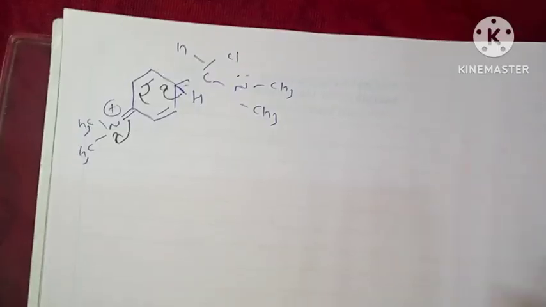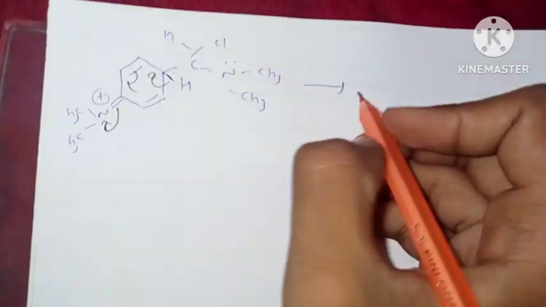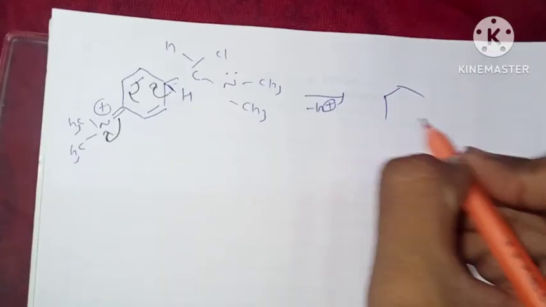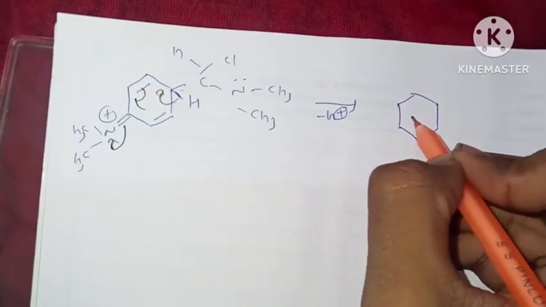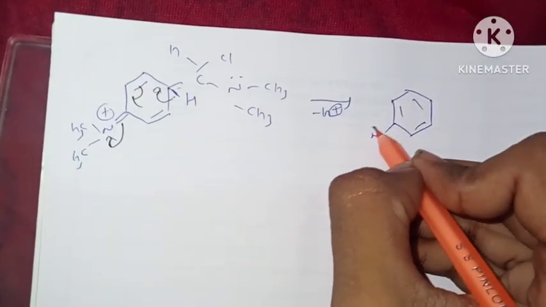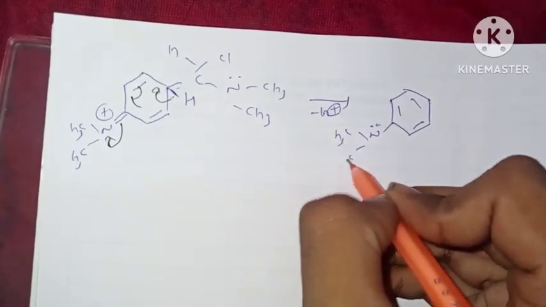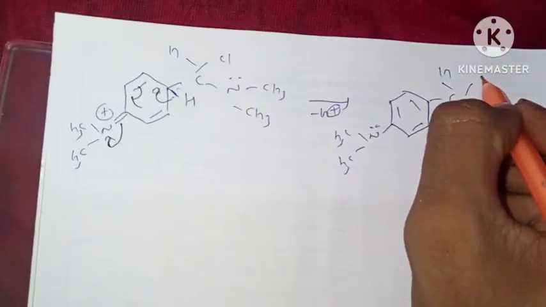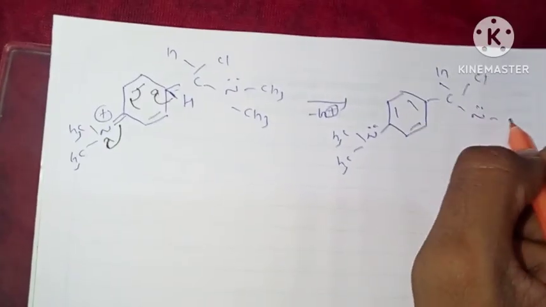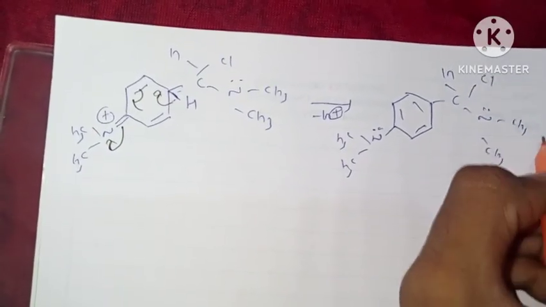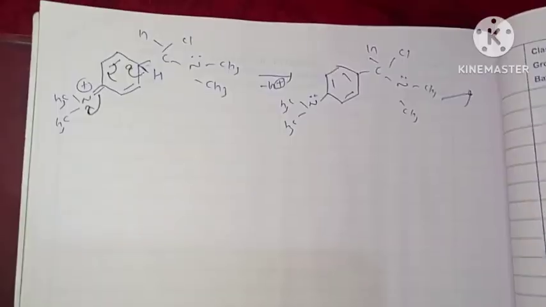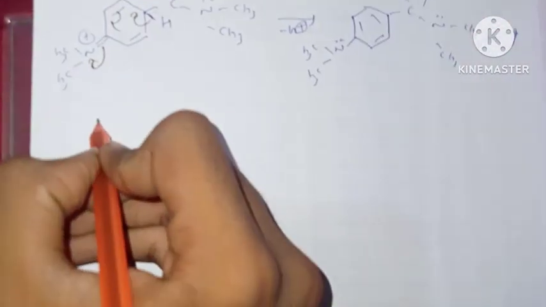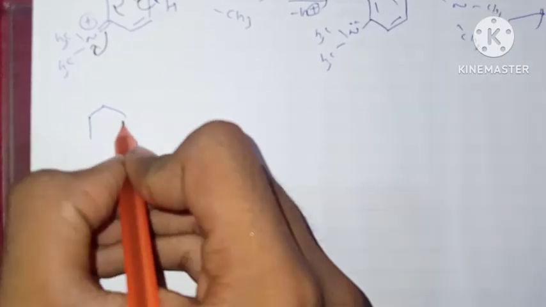It means by removal of one H plus ion, the ring regains its aromaticity and nitrogen regains its lone pair, hydrogen, chlorine, nitrogen, methyl. Now the reaction carries forward. Now draw the structure.